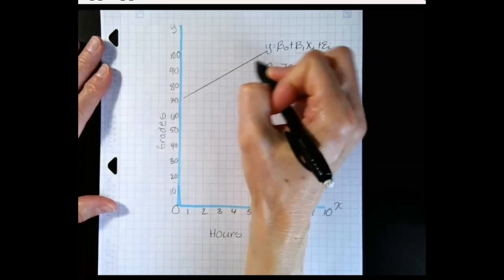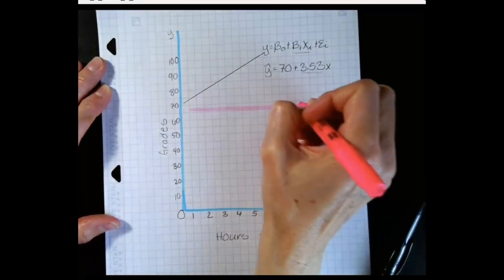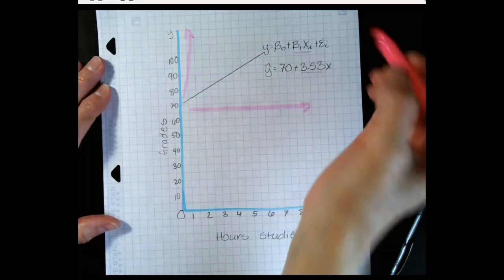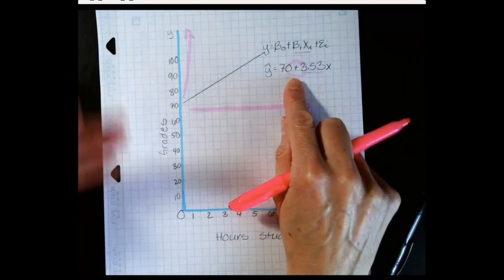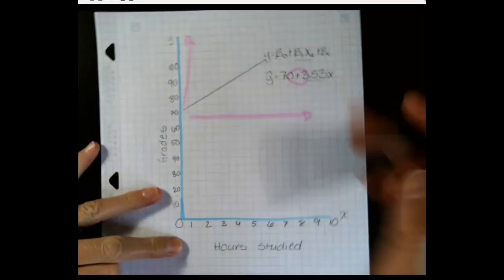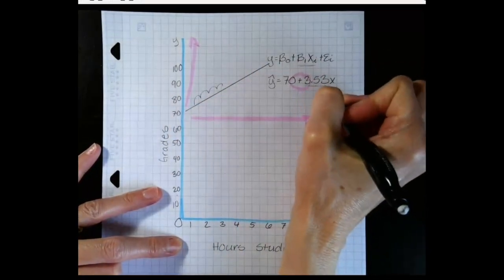That should make sense, because what this line is showing us is the more hours we study, the higher our grade will become. And the addition should also alert us that this is going to be a positive relationship. So we would be moving up the scale by this 3.53.